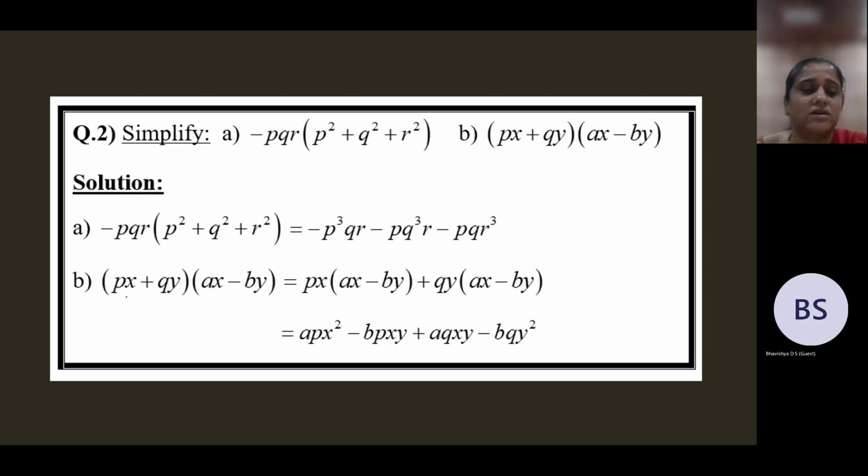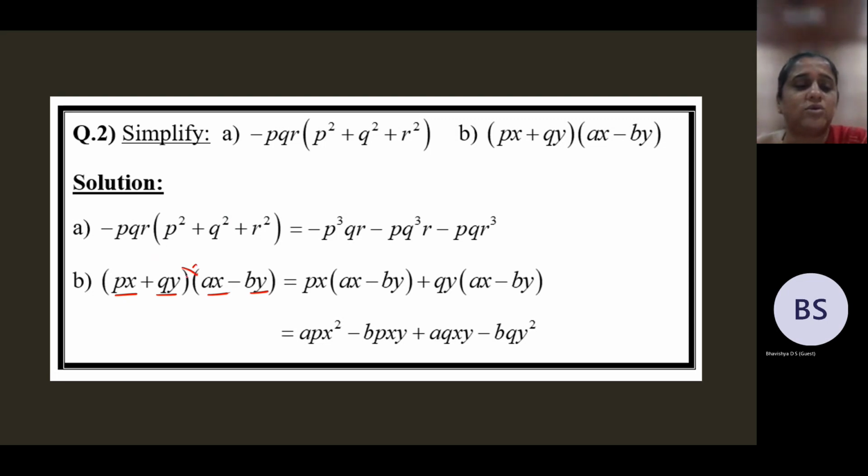The second one, this is a binomial, 2 terms. This is also a binomial. And we have to multiply these 2 binomials. Earlier we found the product of a monomial with a trinomial. Here both are binomials, the first bracket has 2 terms and the second bracket has 2 terms.